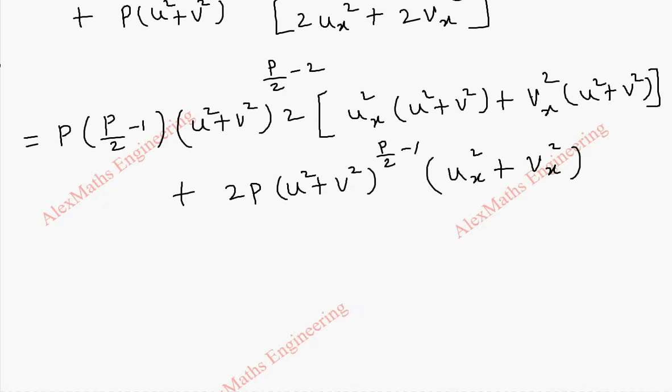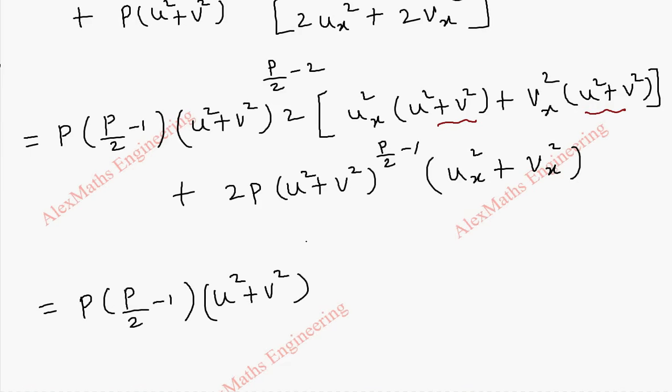Now from this, u square plus v square is taken common, so from the outside term we have p into p by 2 minus 1, u square plus v square power p by 2 minus 2, and there is a 2 that can be written here, and here when I take u square plus v square common, it can be written outside like this.